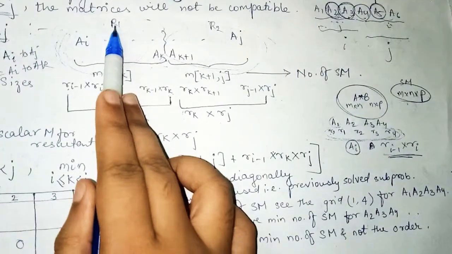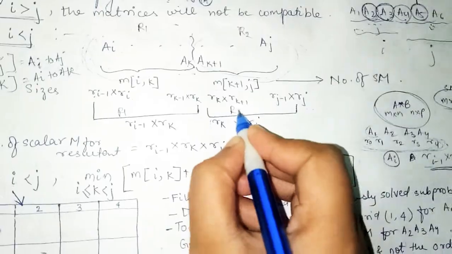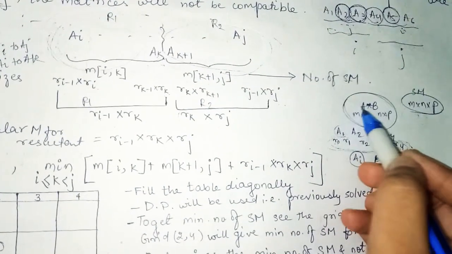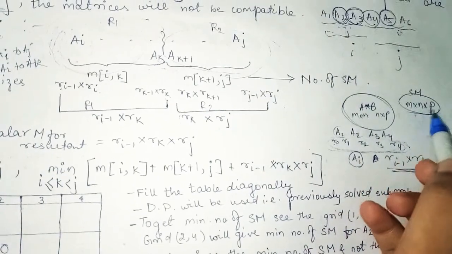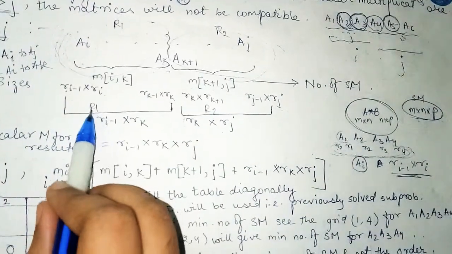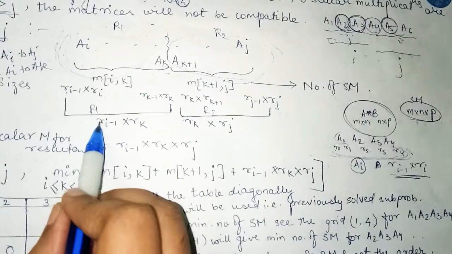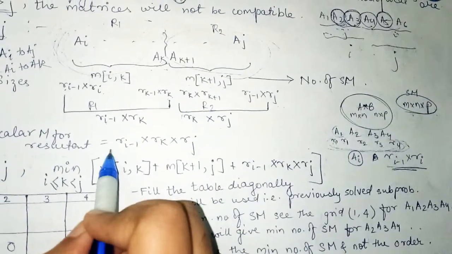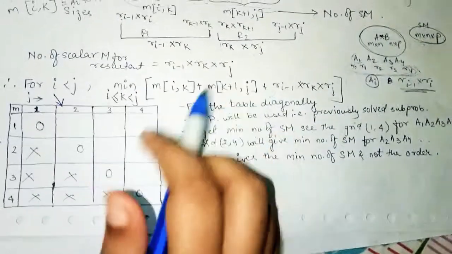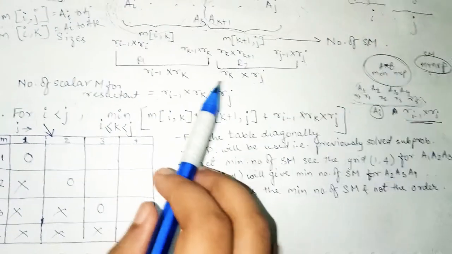While multiplying AB, the number of scalar multiplications required is m n p. So for multiplying R1 with R2, the number of scalar multiplications required is the product of r(i-1), rk, rj. So the number of scalar multiplications for the resultant is this thing.